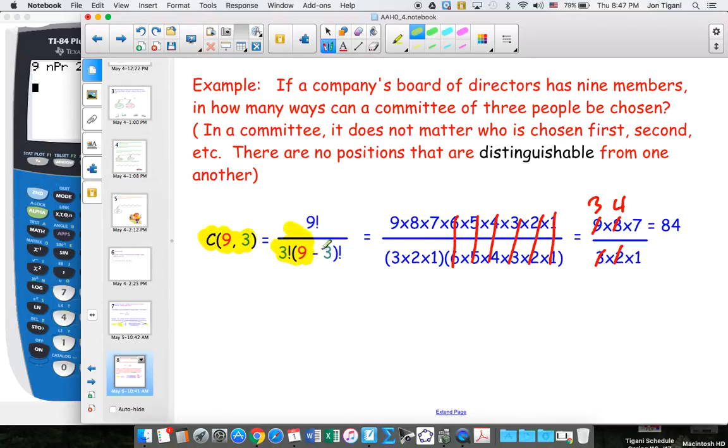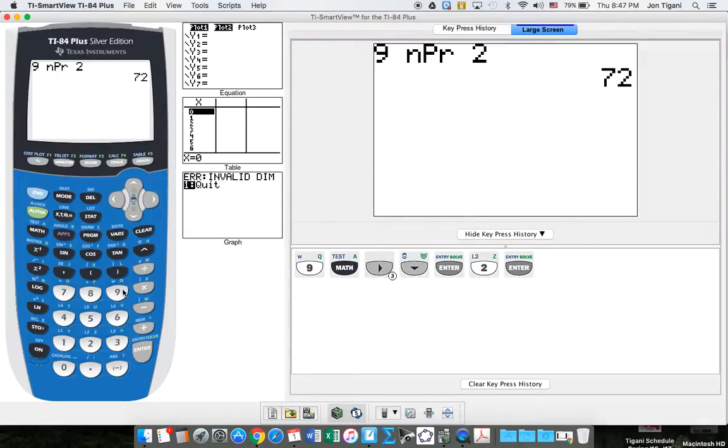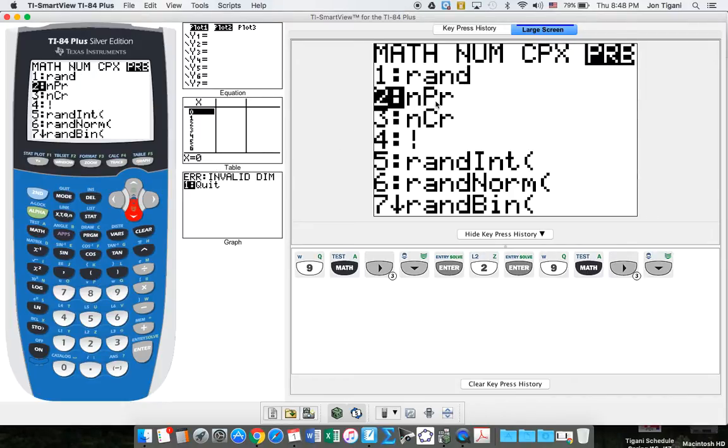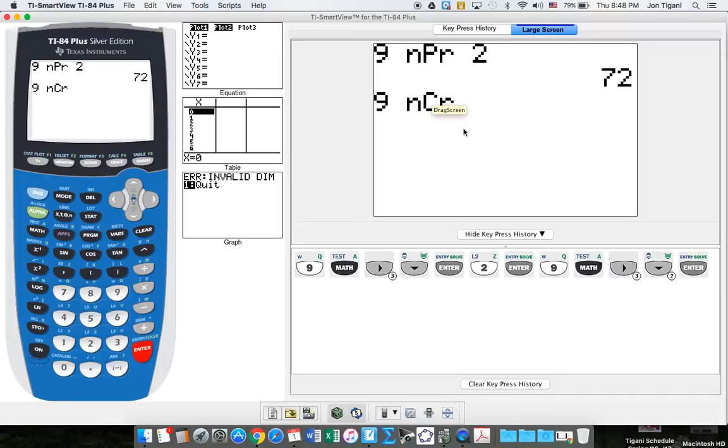You plug in N and R into your formula, and then we can go right to our calculator. So 9 people choosing 3 with combination. Let's do it. 9 people, math, probability. Now instead of NPR, we are going to choose option 3. NCR stands for combination. You guessed it. 84.